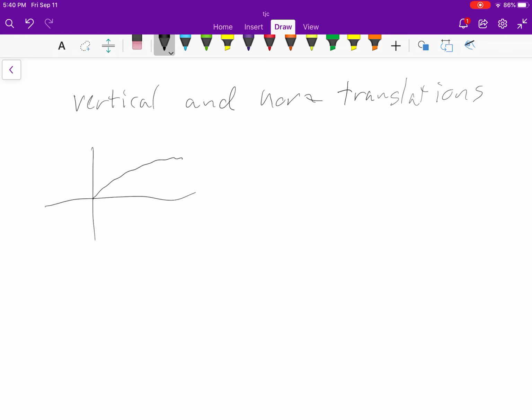We want to move it up so that it looks like that. That is a vertical translation, and vertical translations are fairly easy to do. All you do is, if this is f of x, then this would be f of x plus c if we moved it up c units.